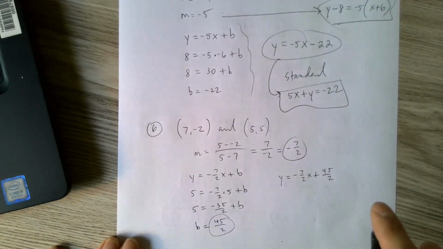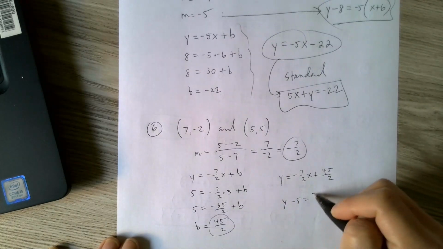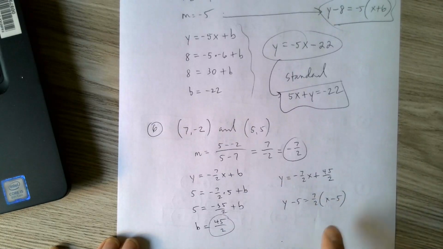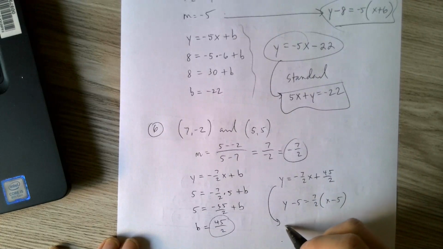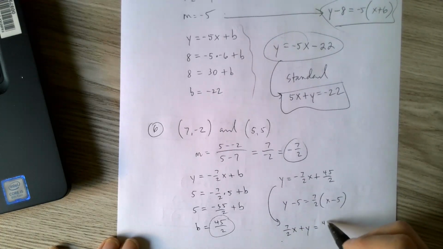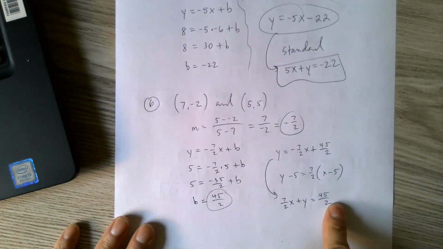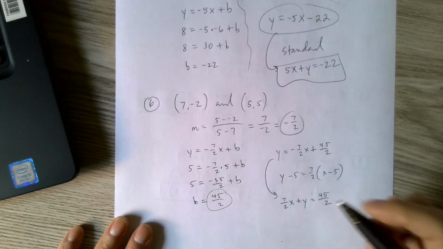In point slope, and then in standard, this isn't standard yet, right? Why isn't it? Because I have to make sure these are all integers. So I'm going to multiply through by a 2.